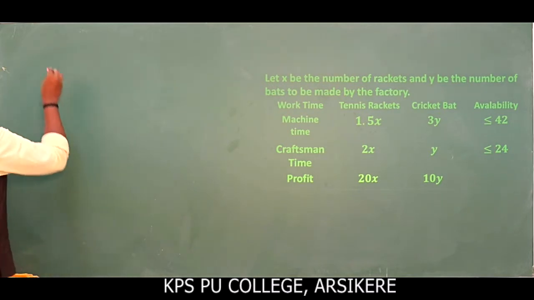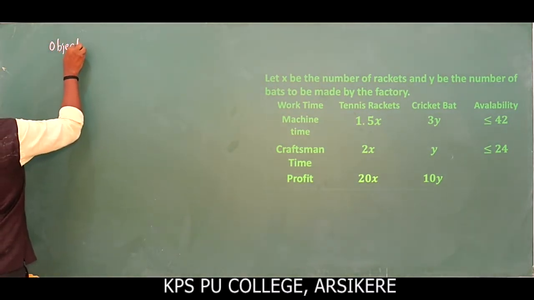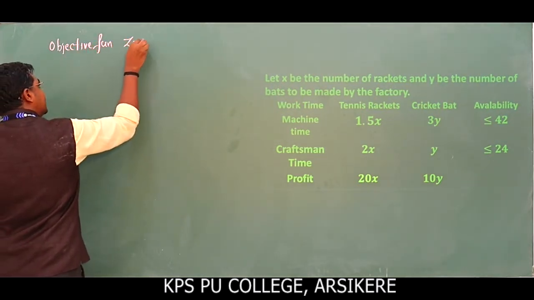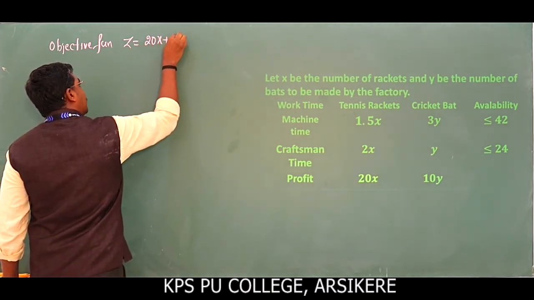So what is our objective function here? The objective function z is equal to 20x plus 10y.